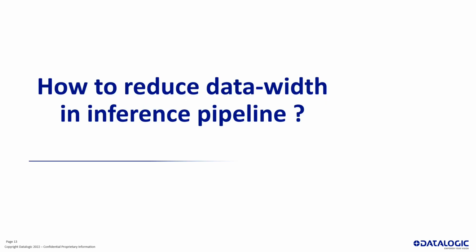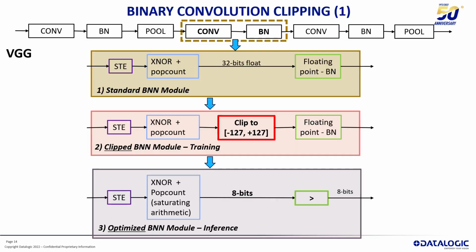So the question is, how can we effectively reduce the data width, increasing the data flow, without affecting the accuracy too much?